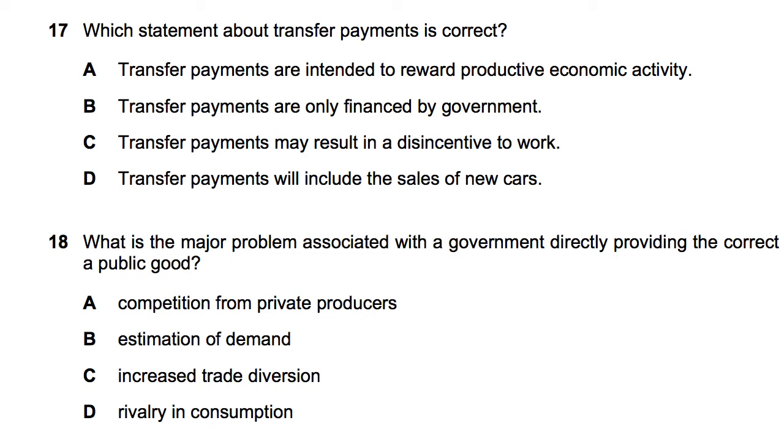One of the biggest problems of transfer payments is C, which is that transfer payments may result in a disincentive to work. The reason is that people, when they realize that they have unemployment benefits, may not actively search for a job. So that's why C is the right answer.